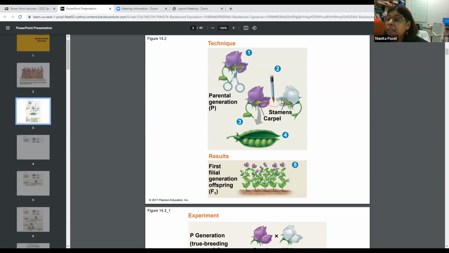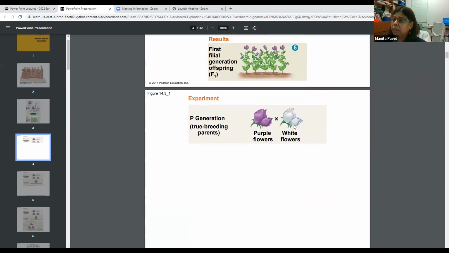Transfer of the pollen grains from the anther to the sticky stigma is called pollination. Self-pollination is occurring on the same plant. If you dust the pollen from one plant and transfer it to another plant, then it's called cross-pollination. And so let's see what Mendel did.